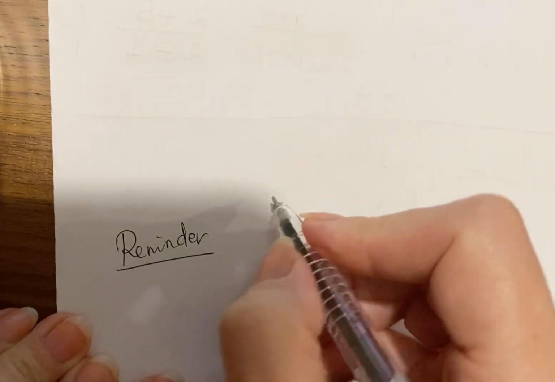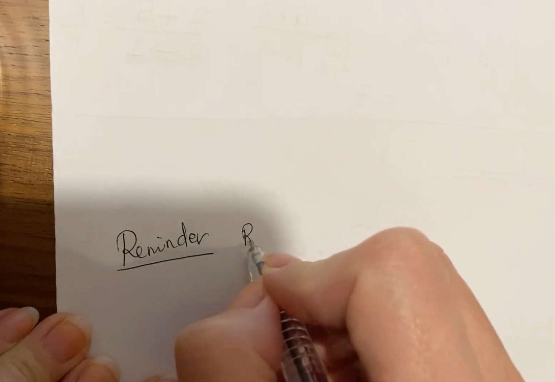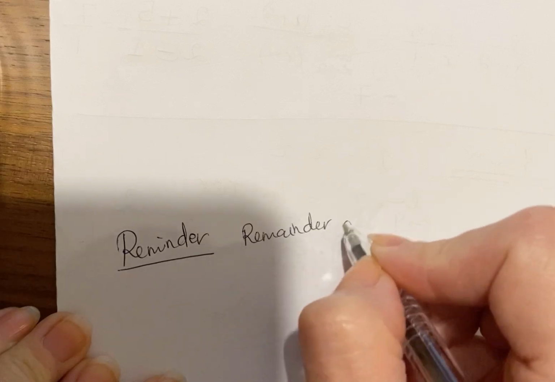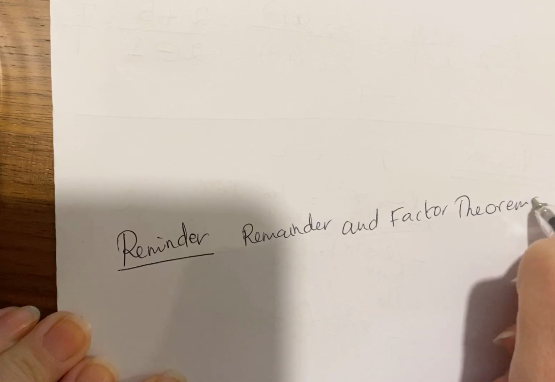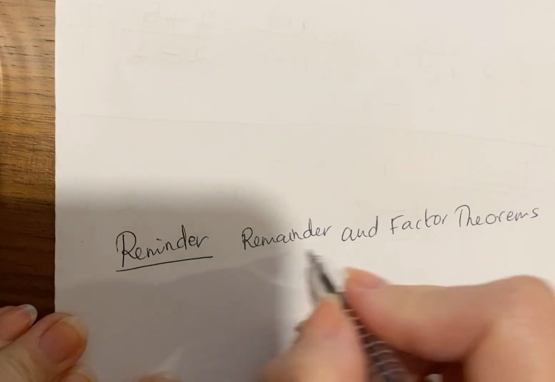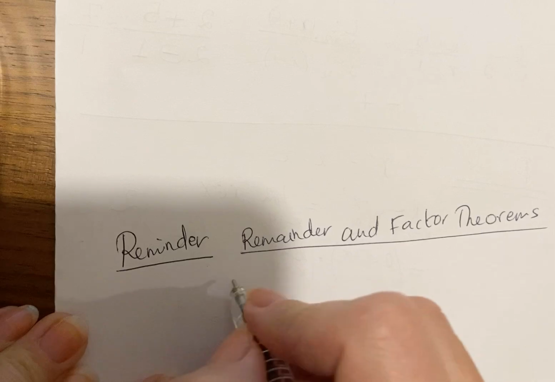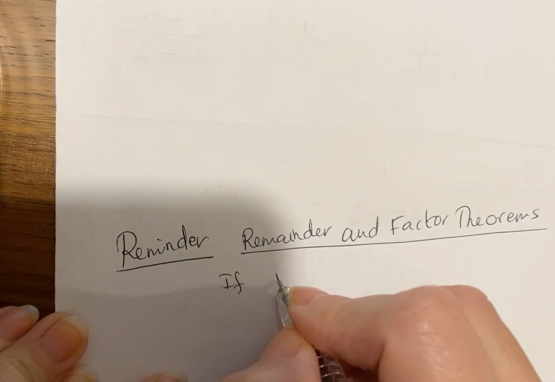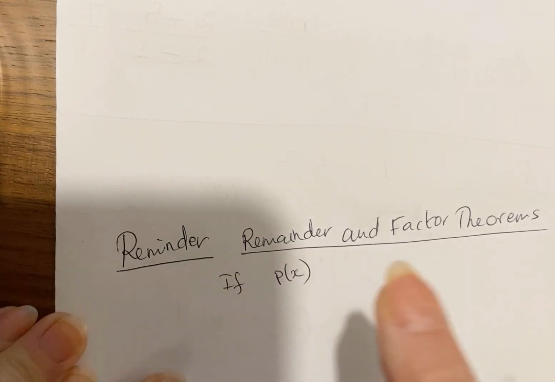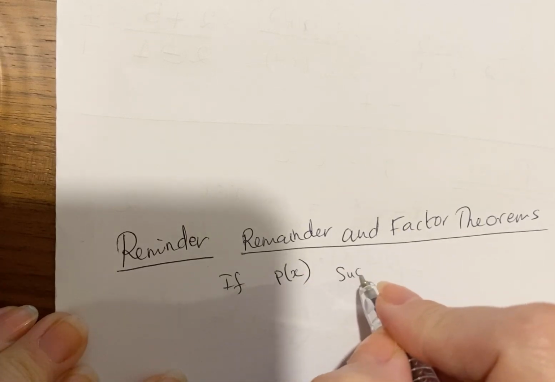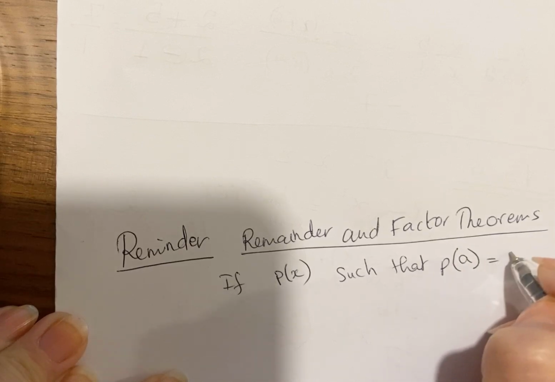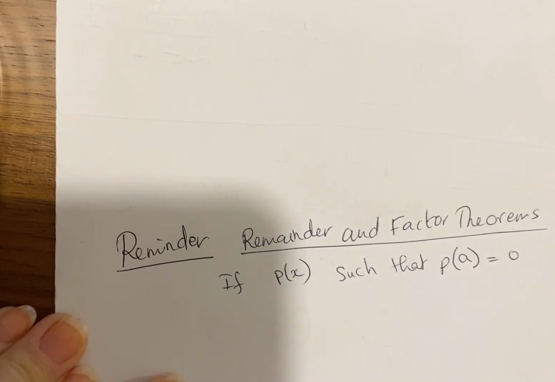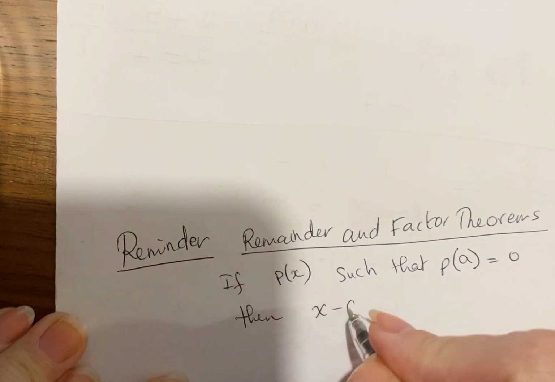Just a reminder. Do you remember the remainder and factor theorems from STEM or from school? What did they say? Remainder and factor theorems used to say, if you have a polynomial such that when you substitute a, the answer of the polynomial is 0, then what can you directly say?